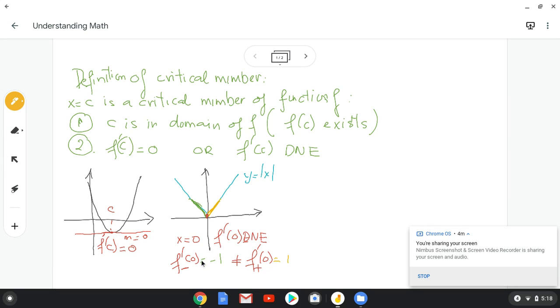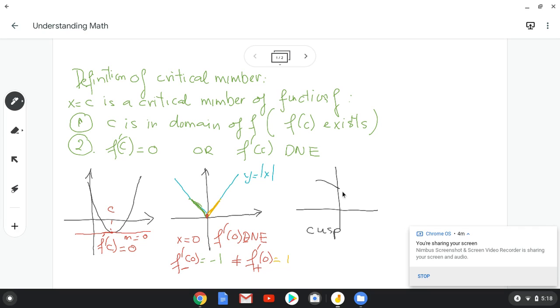So the derivatives on the left and on the right at 0 are different. That means the derivative of the function at 0 does not exist. So that's why we say it's a critical number.